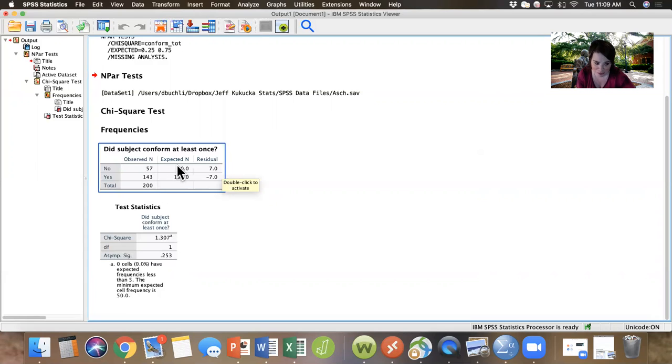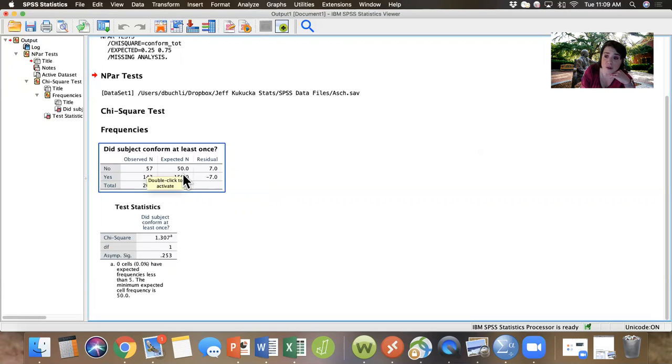So that's where this 50 comes from. 50 divided by 200 is 25%. So what SPSS is going to tell us is whether 57 is significantly different than 50, and whether 143 is significantly different from 150.